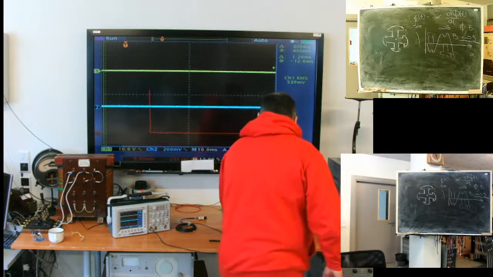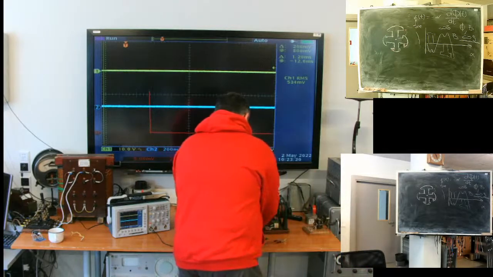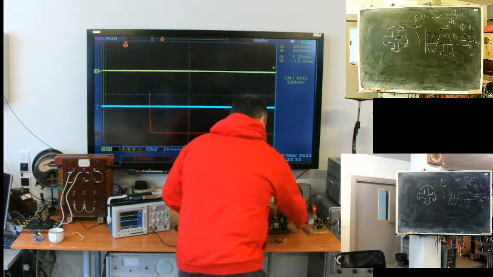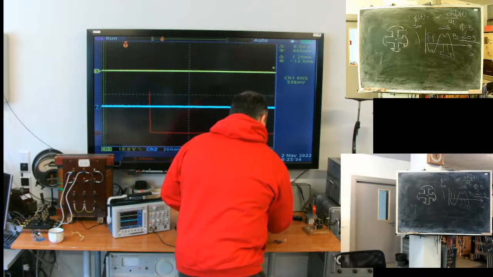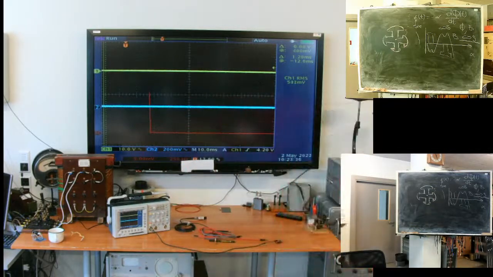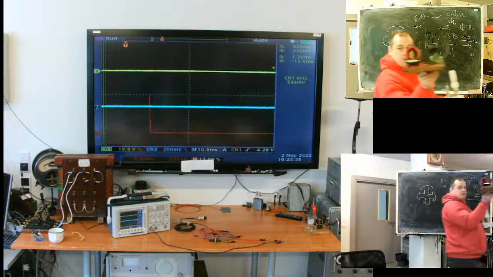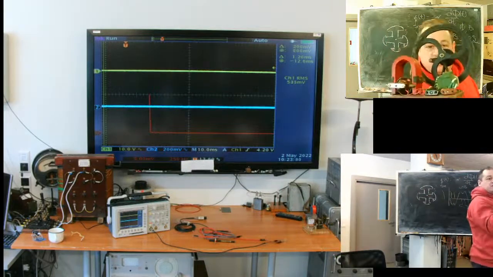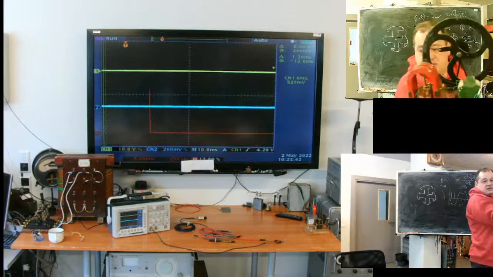Now I would like to show another generator. This one is simple, from traditional physics.